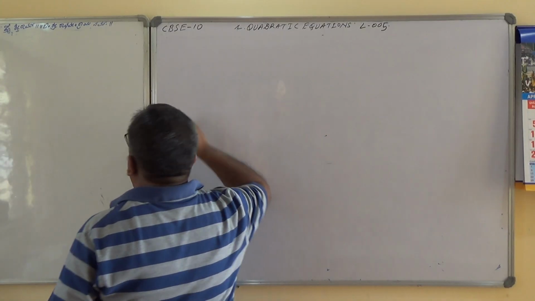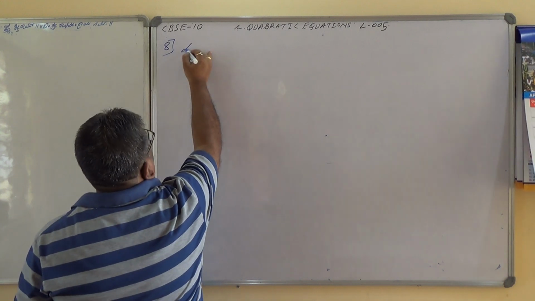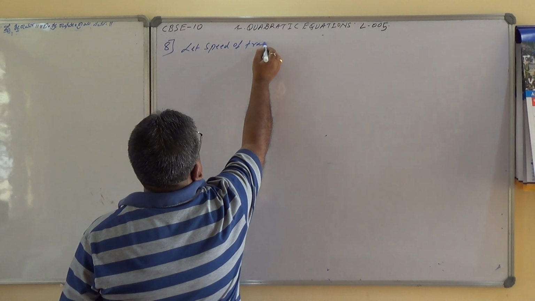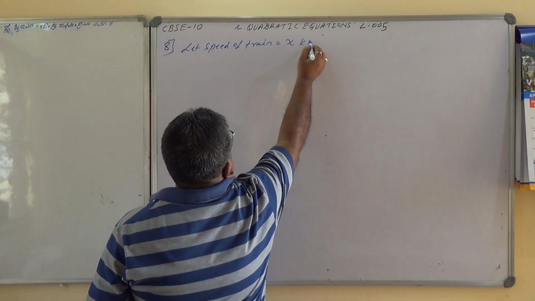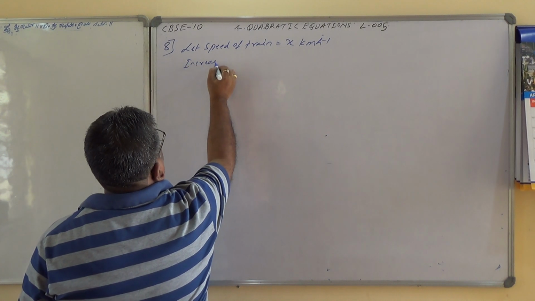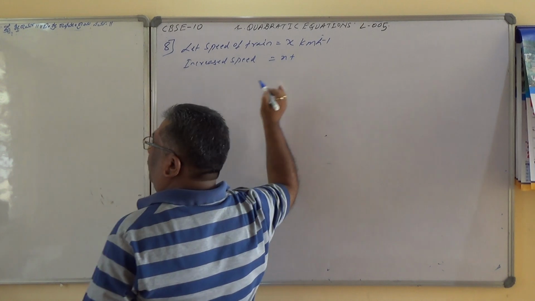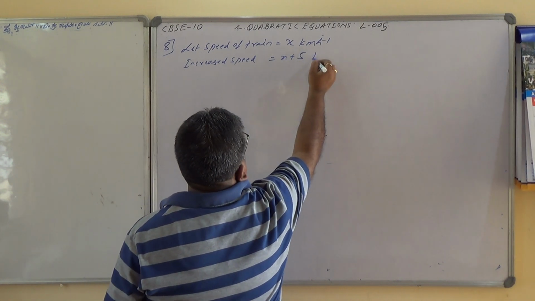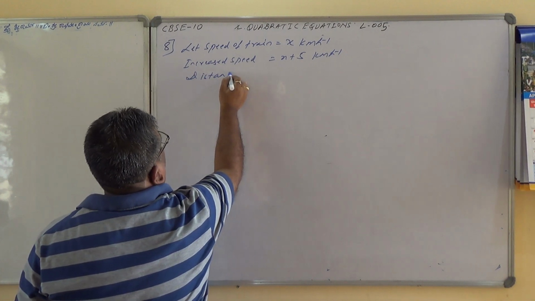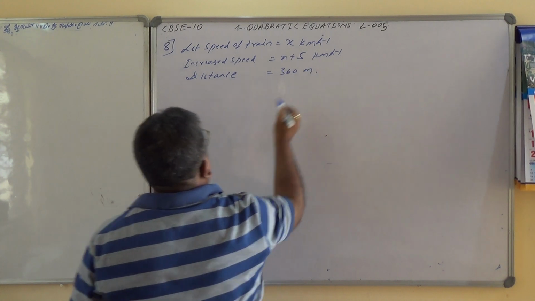We'll solve the 8th one. Let the speed of the train be x kilometers per hour, increased speed x plus 5 kilometers per hour, distance travelled equals 360 kilometers.